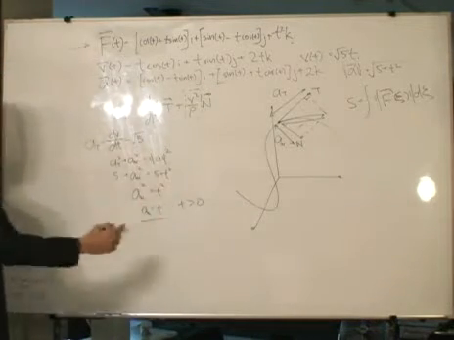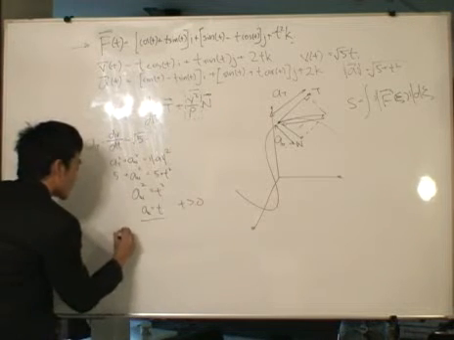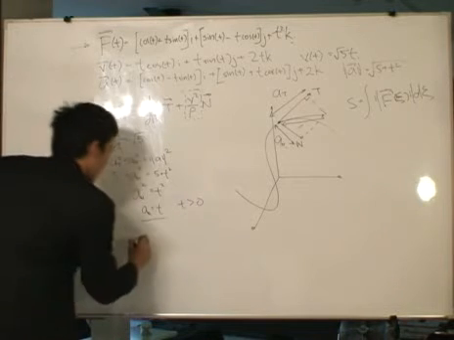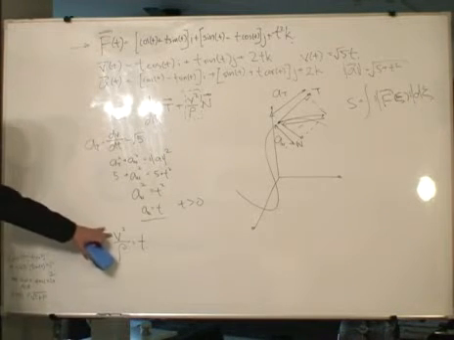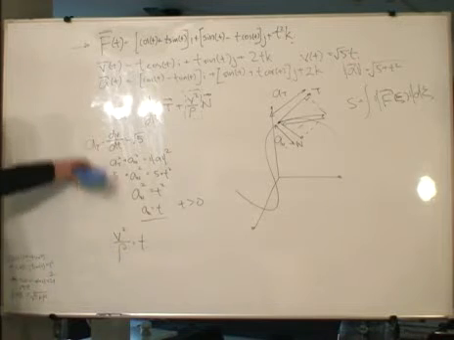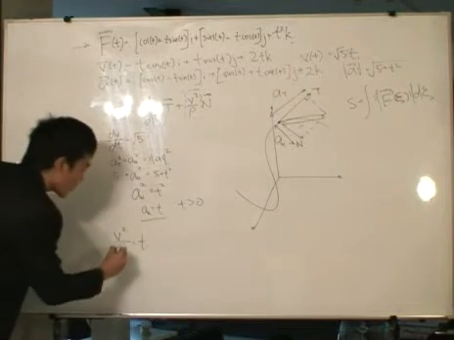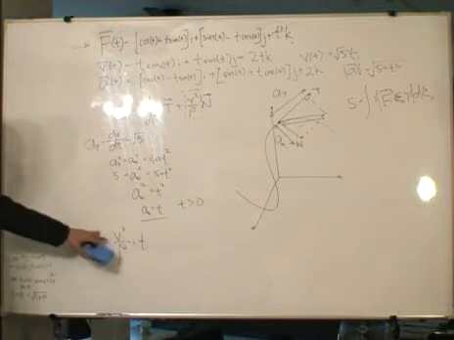But we know that the normal component is also equal to v squared over rho, which equals t. Let's look at it in a minute, because v squared is the speed function, which we have over here, and we square that. Rho is 1 over kappa, so 1 over rho is equal to kappa.